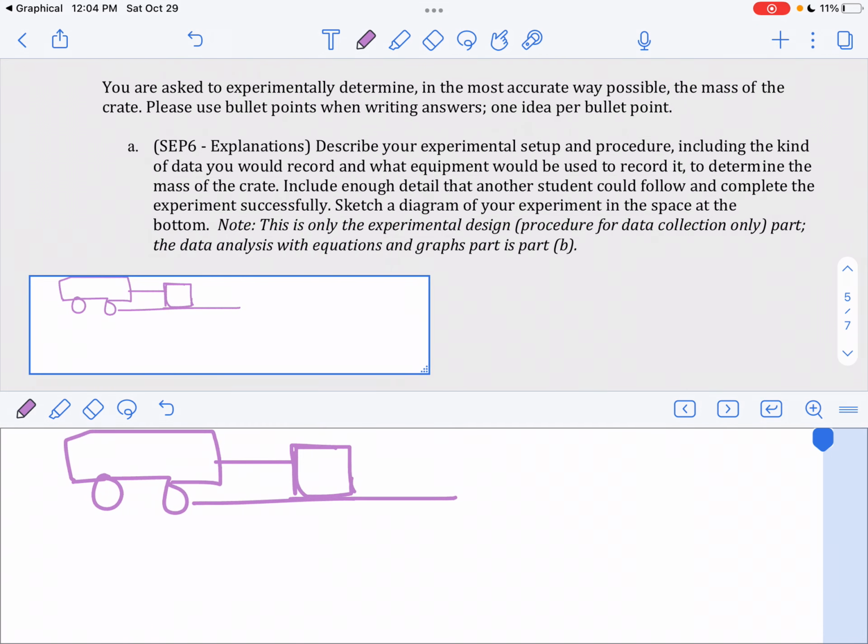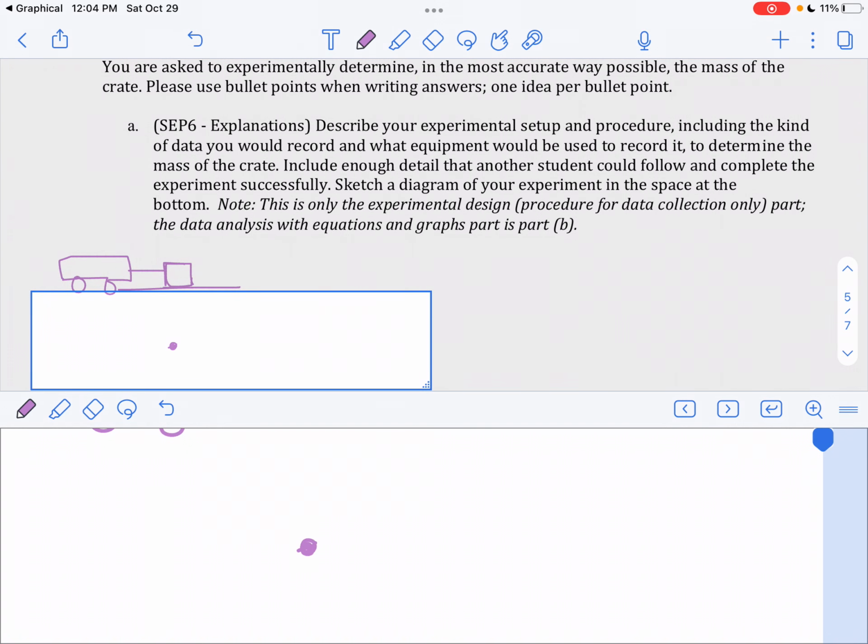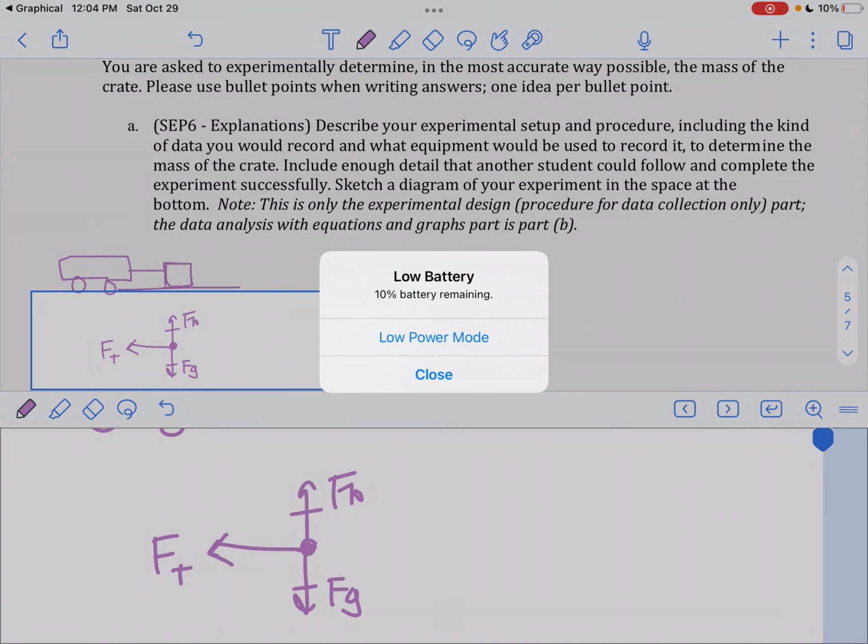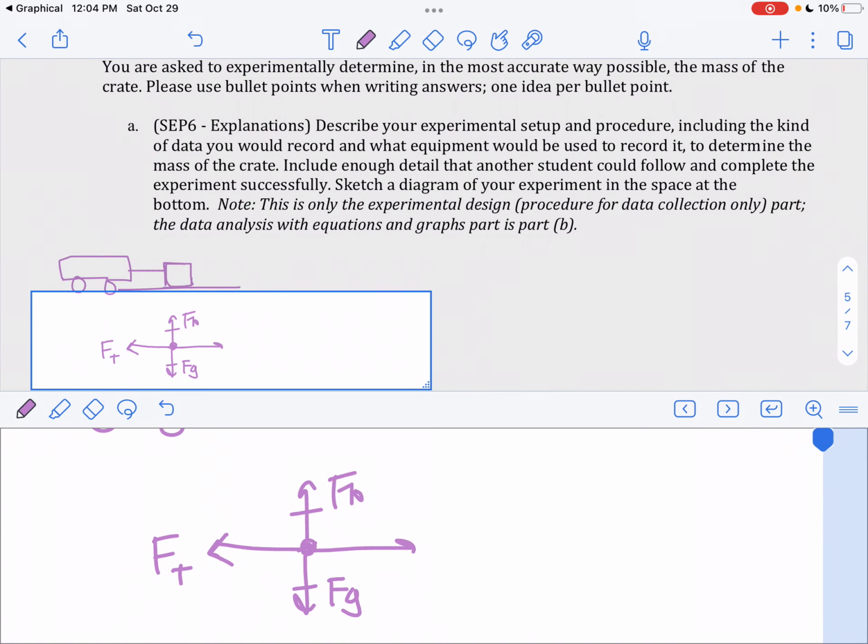And so when the crate is moving at a constant speed, there must be a force that is opposing this force of tension on the crate, to make it go at constant speed since F net has to be 0.